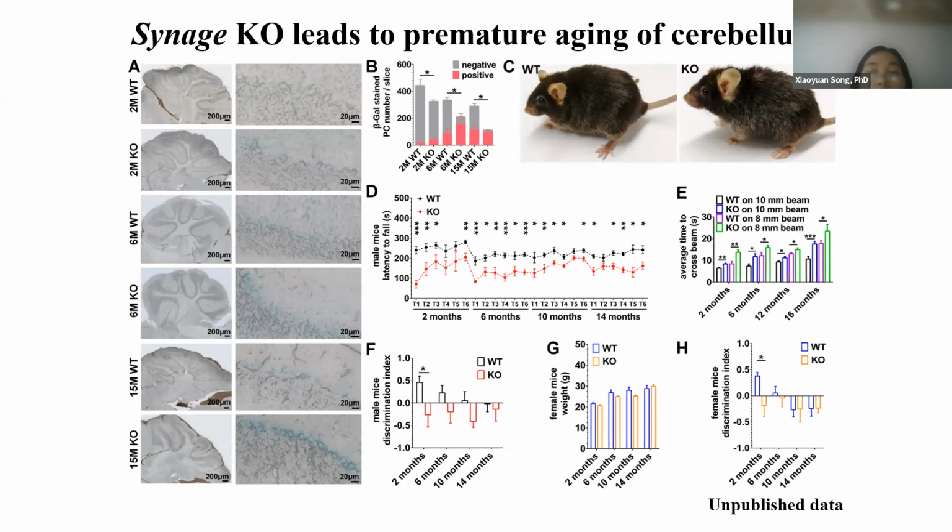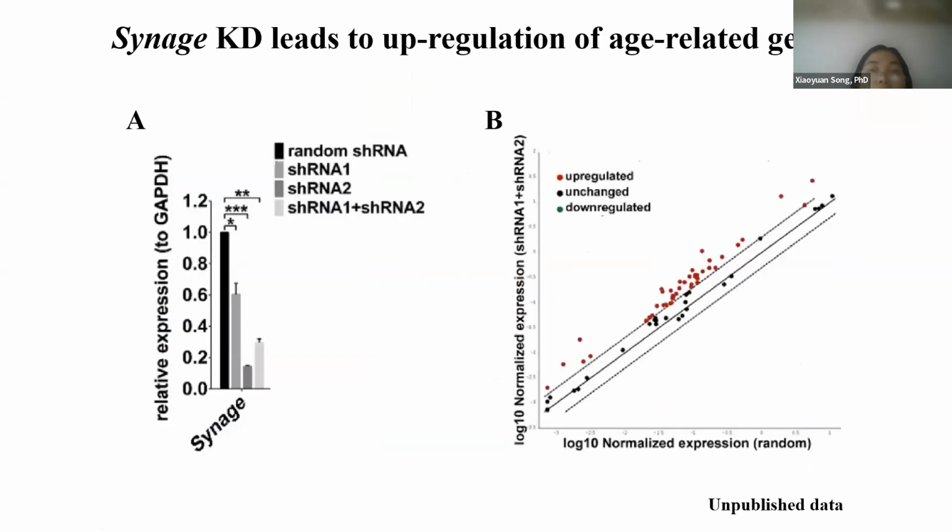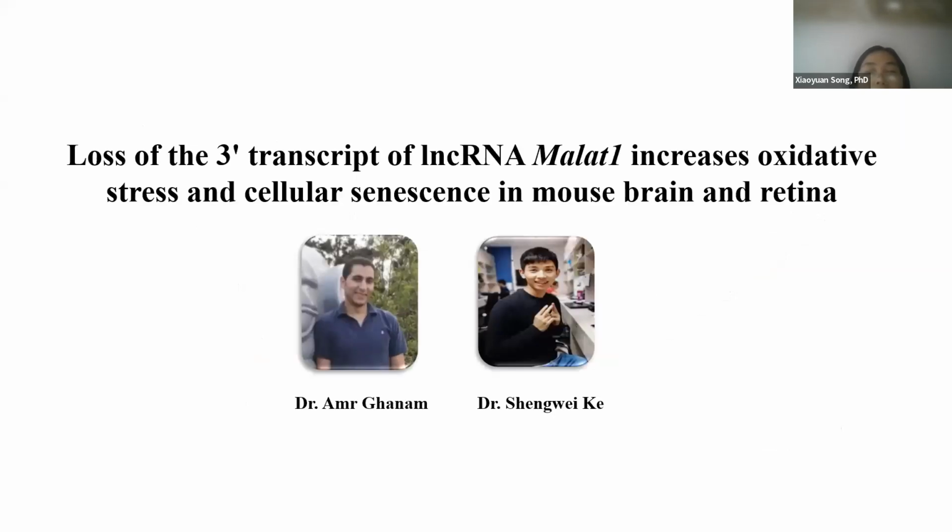Next. And also, knockdown of Synage in cerebellum also leads to the upregulation of aging-related genes. And currently, we are studying the detailed mechanism of how Synage regulates the brain aging process. Next. So this is Synage.